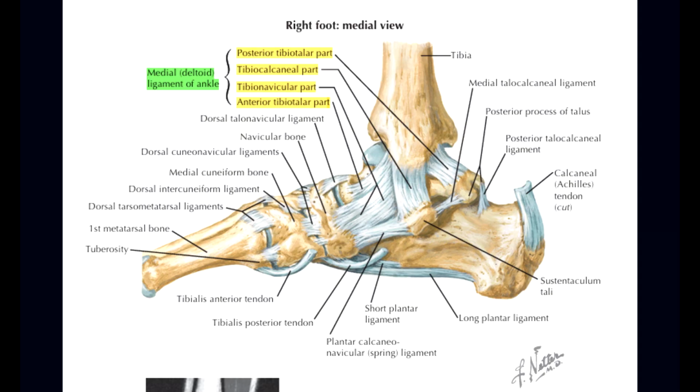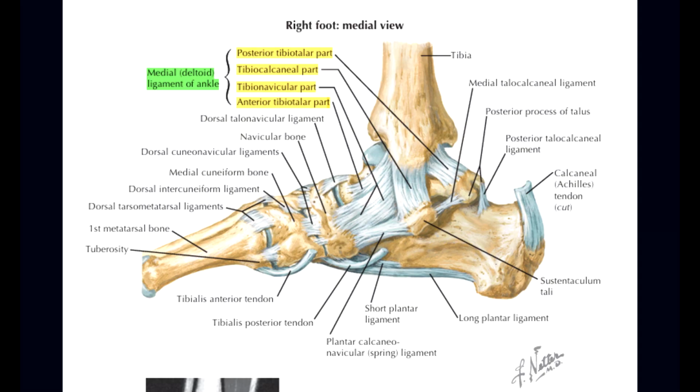Together, they form a fan-shaped structure originating from the medial malleolus and spreading to insert on the talus, calcaneus, and navicular. Functionally, the deltoid ligament resists excessive eversion of the foot and stabilizes the ankle joint, particularly against valgus forces.